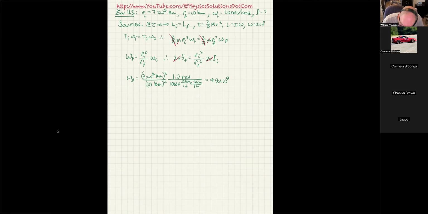And then I've got to multiply that by the initial 1 revolution per 100 days, which converts to 1 divided by parentheses 100 times 24 times 3600, and that gives me a frequency, if you will.